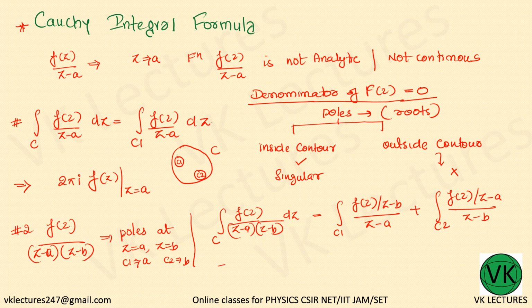We are just writing it such that the denominator comes separately. This is equal to 2 pi I into f of z divided by z minus b at z equal to a, plus 2 pi I into f of z divided by z minus a at z equal to b. So this is what the Cauchy integral formula says.